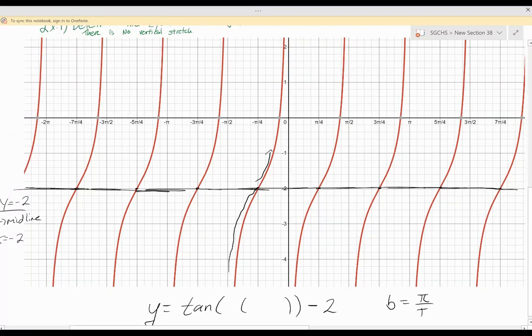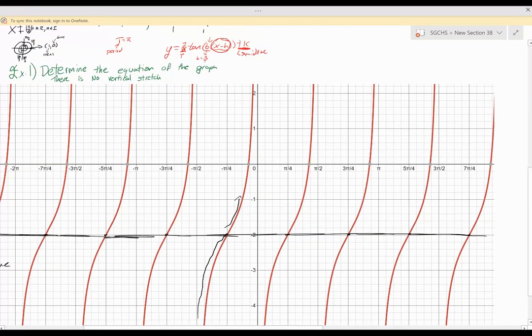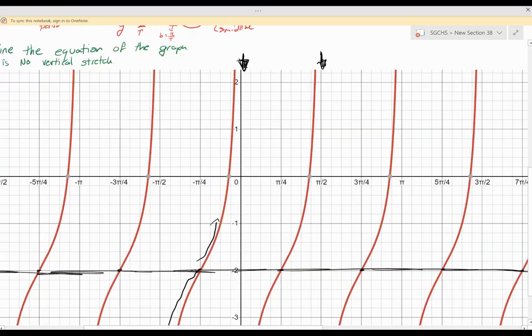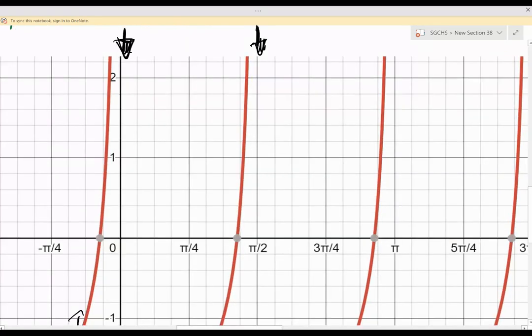The easiest I can see here is this asymptote and this asymptote. And the reason I think those are the easiest to look at is because you're dealing with 0 to pi over 2. So you automatically already know that's pi over 2 units. Okay, so that would be t.